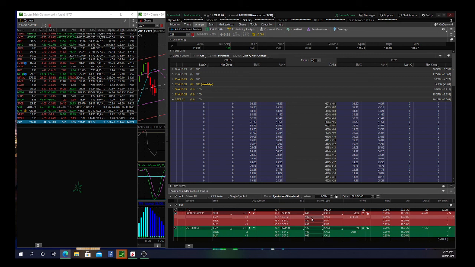I'm good with it. I'm not going to let it crawl away from me at this point, so I'm going to close it. So you would then buy a 440 call, sell a 445 call, buy a 440 put, and sell a 435 put. So you're creating the exact opposite trade and buying it back.